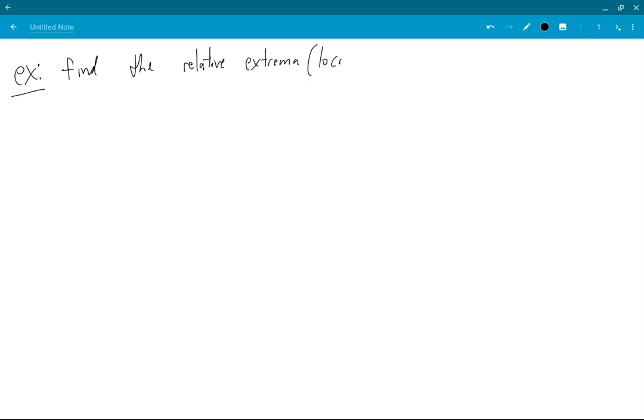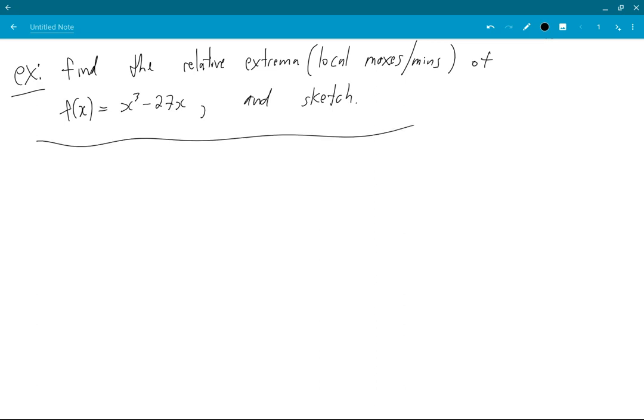So I'm saying local maxes and mins of f of x is equal to x cubed minus 27x. And also sketch afterwards.